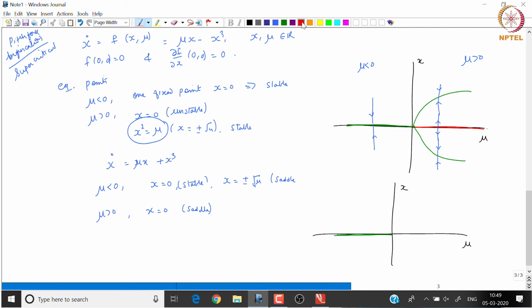For mu greater than 0, there is only one equilibrium point, which looks like this.